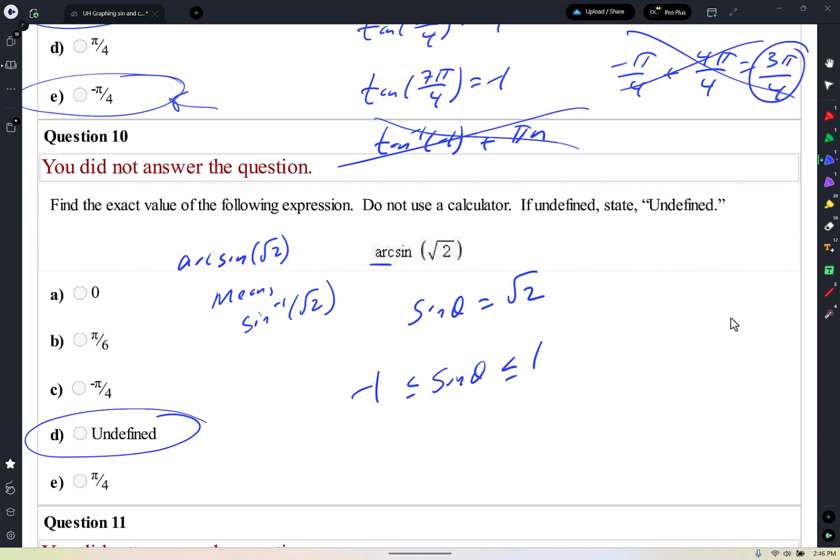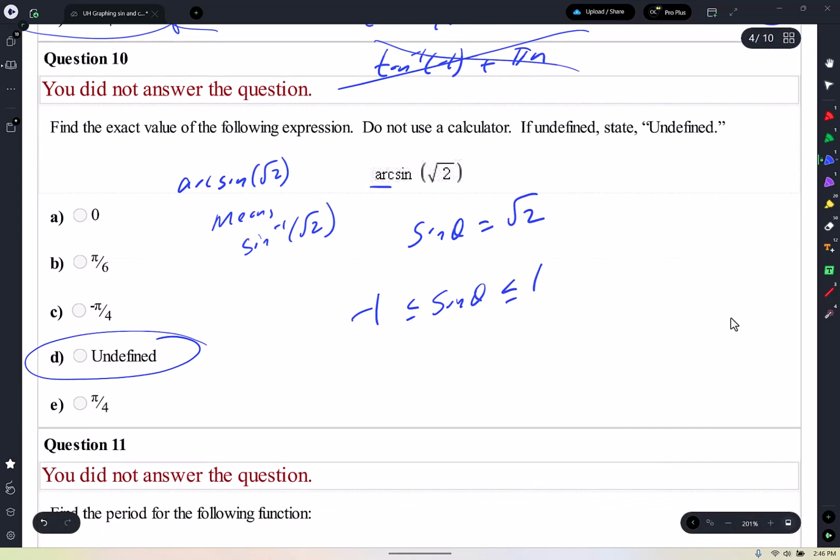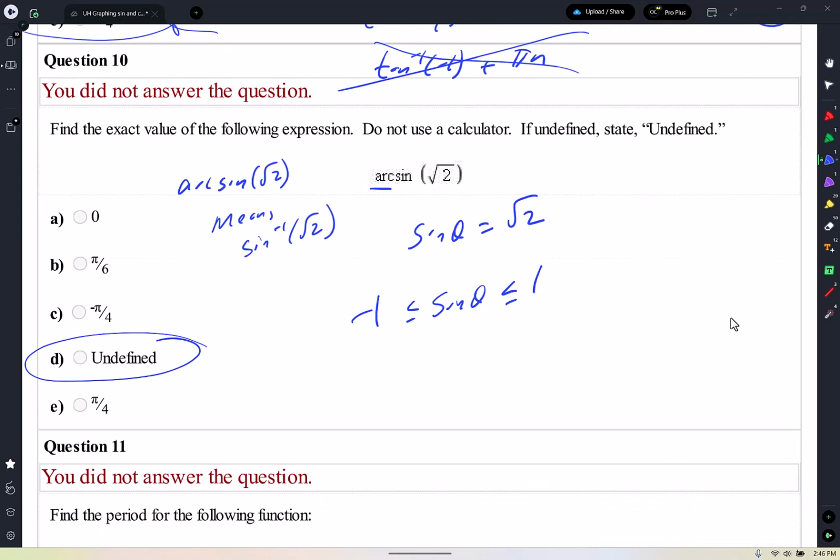It can't be larger than 1 because the radius of the unit circle is 1. Plus the ratio opposite over hypotenuse, hypotenuse is always the longest side. Adjacent over hypotenuse, hypotenuse is always the longest side. So you have some number divided by some number. It's always going to be magnitude smaller than 1. Does that make sense? Okay.